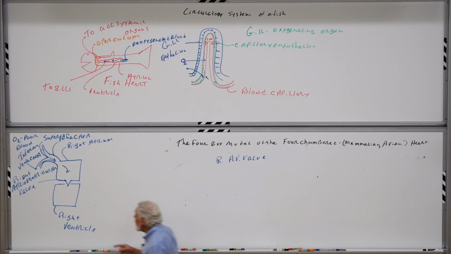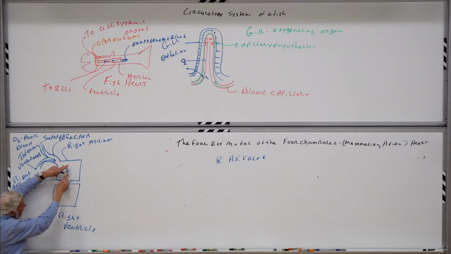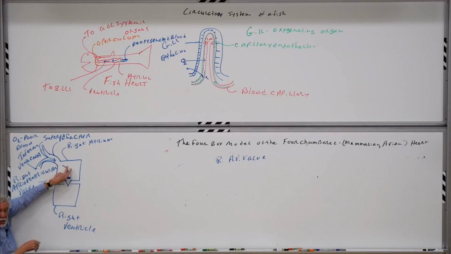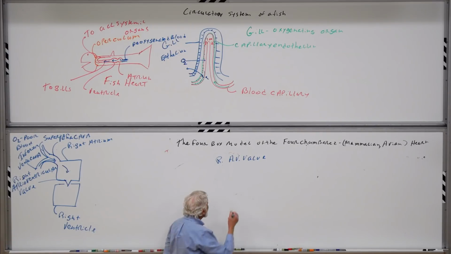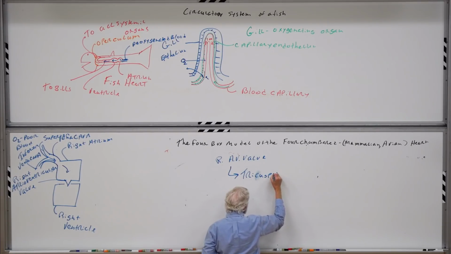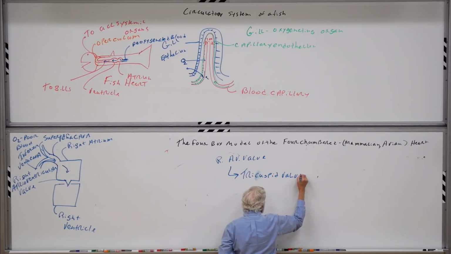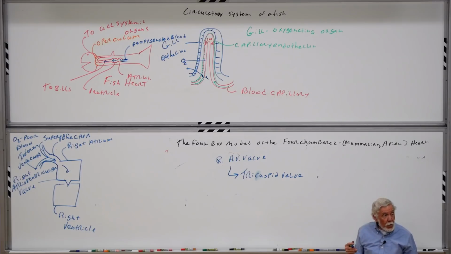So you can imagine here, this is a door between this chamber and this chamber, between the atrium and the ventricle. I'll refer to this normally as the right AV valve, but often in your reading you may find it termed something known as the tricuspid valve. This term tricuspid valve is pretty old. It comes from the early days of the Renaissance when they began doing gross anatomy.